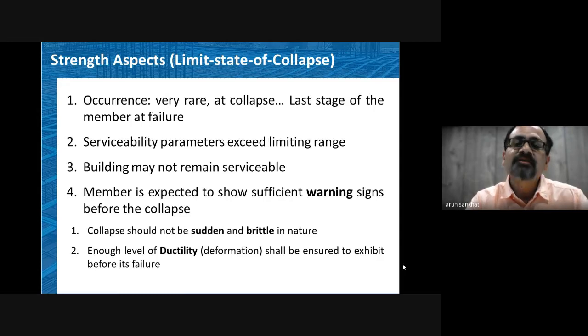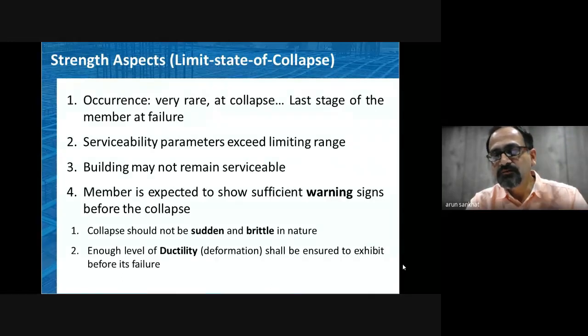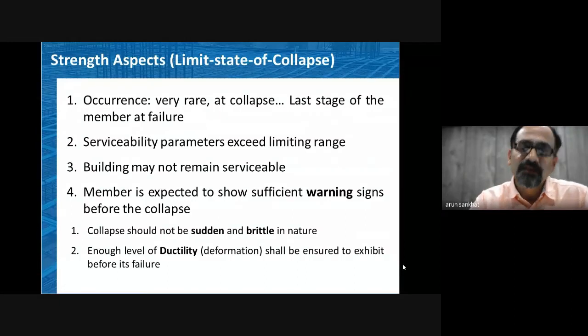So ultimately, the deformation should be more after crossing its elastic limit up to the failure. That ductile part should be more, and it is expected that a building should fail in a ductile manner, not in a brittle manner. So these are the two aspects we need to understand properly before we start the design.